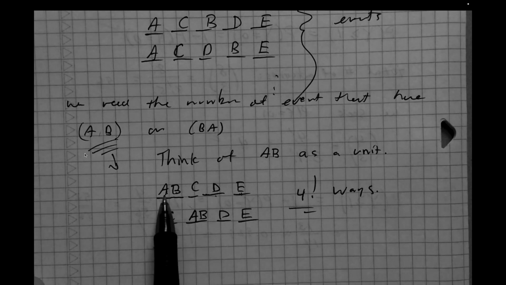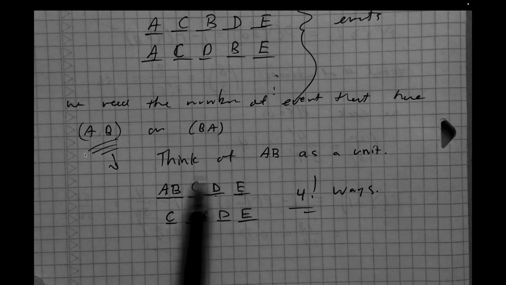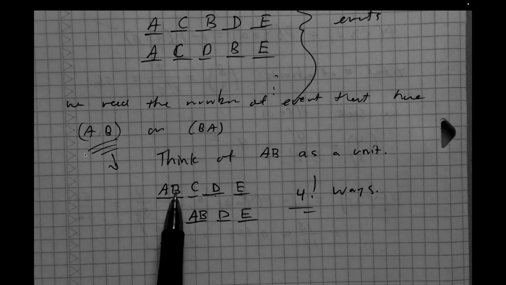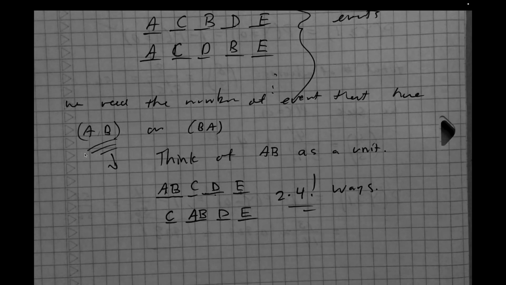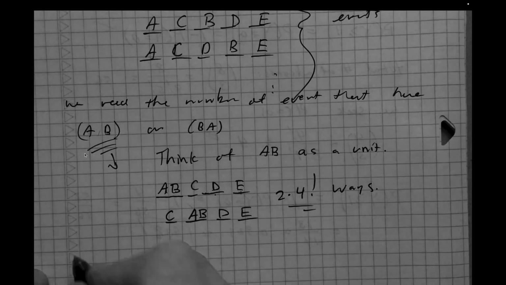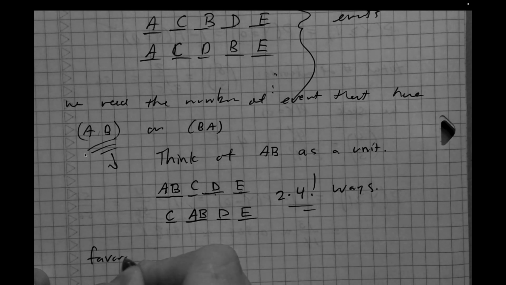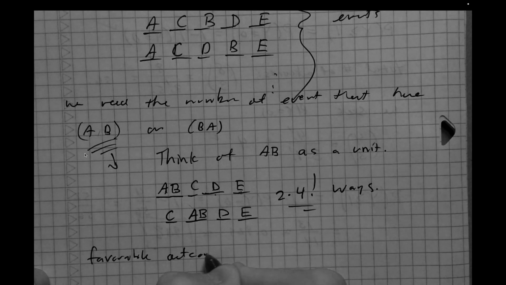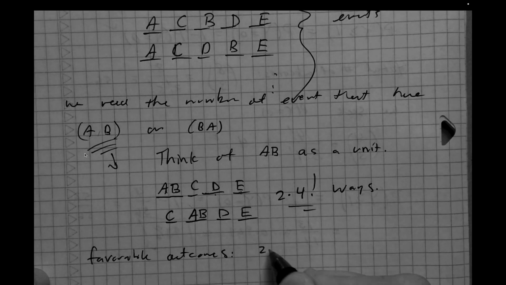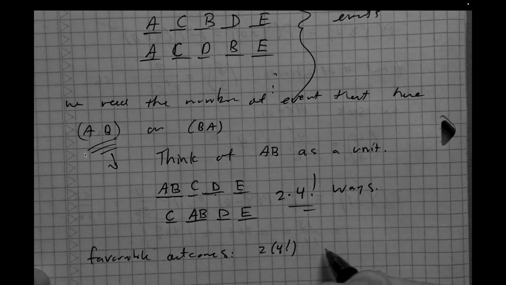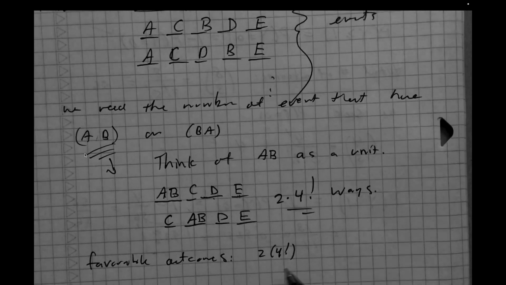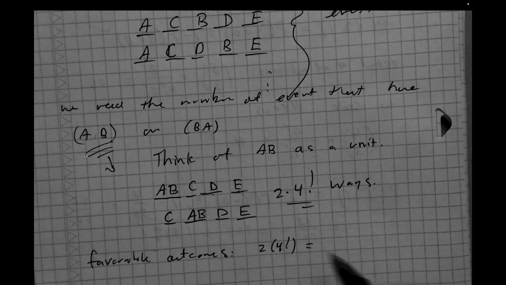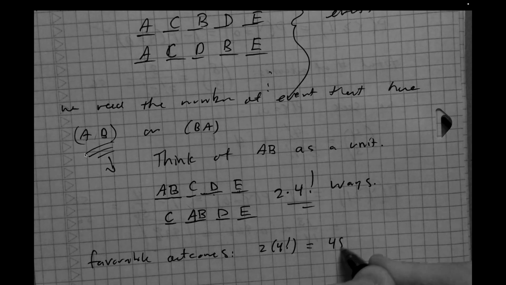Now again, every arrangement here could also have BA, so there's really 2 times 4 factorial ways. Our favorable outcomes are 2 times 4 factorial ways, which is 2 times 24, or 48 total.